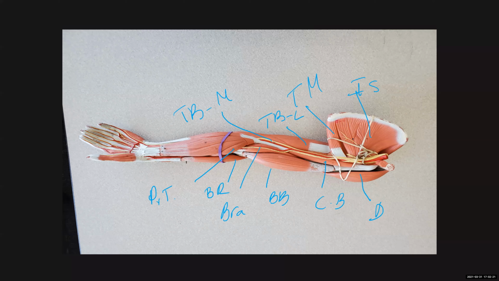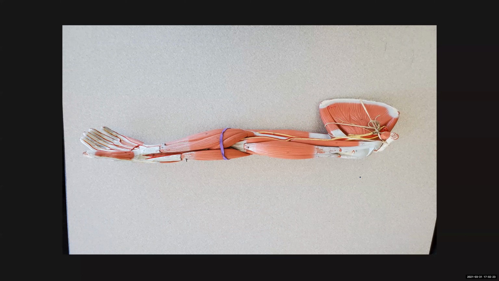Deltoid removed, same thing. Everything else is the same, just the deltoid is removed. You can see the beginning of the biceps brachii. You can see both the long and the short head of the biceps brachii. And notice how brachialis is visible on either side of the biceps brachii.